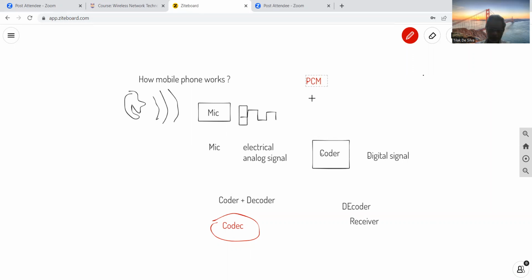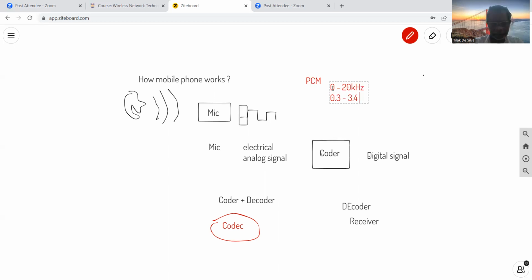The analog signal has 0 to 20 kilohertz bandwidth, but we select only 0.3 to 3.4 kilohertz.